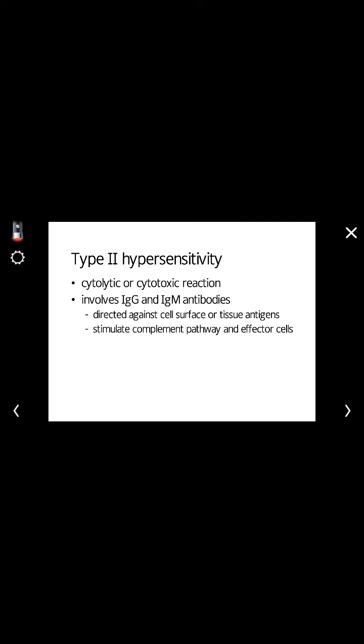Type 2 hypersensitivity, cytolytic or cytotoxic reaction. It involves IgG and IgM antibodies directed against cell surface or tissue antigens, which stimulate complement pathways and effector cells.